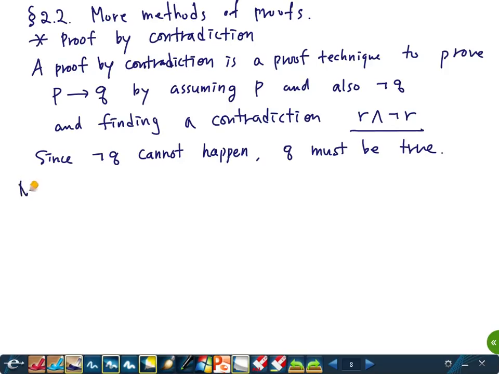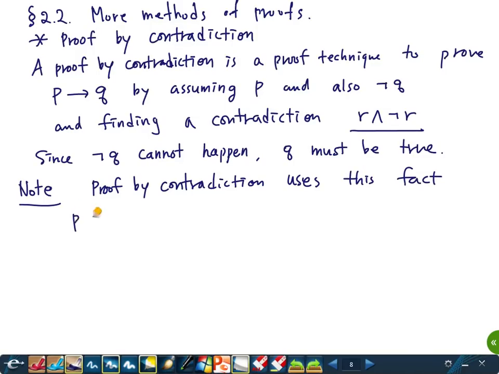So notice that in propositional logic, proof by contradiction is nothing but this. It uses this fact.